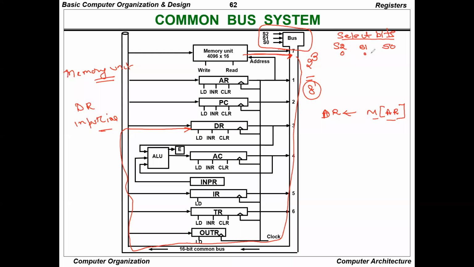That means 000, 001, 010, 011, 100, 101, 110, and 111. So how many values are there? 1 2 3 4 5 6 7 and 8.